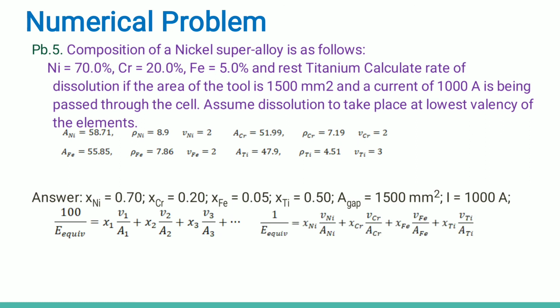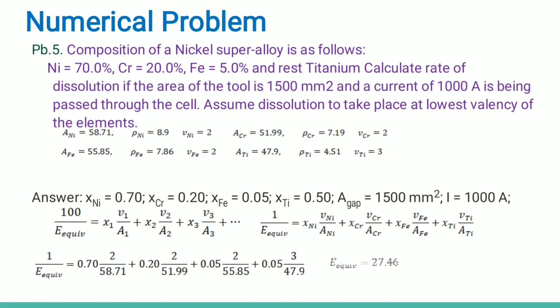First composition for the nickel, second for chromium, third for iron, and fourth for titanium. The percentage is already known, the valency is already given to you, and the atomic weight is already given to you. Just put in the values and get the value of E equivalent. When you put these values, E equivalent will be equal to 27.46. It's very easy, we just have to calculate.